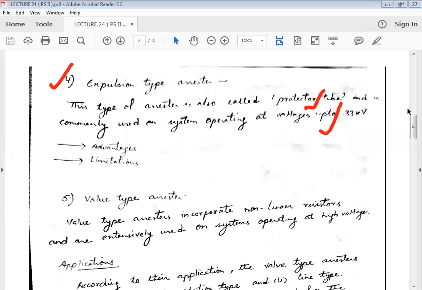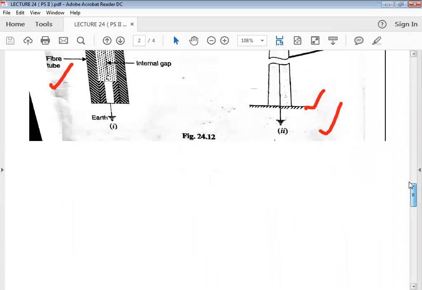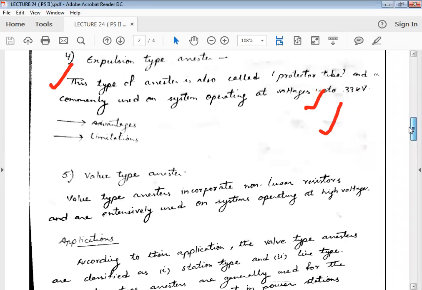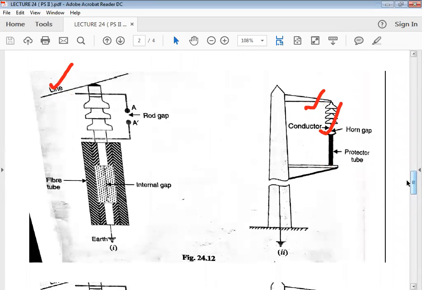Let us look at this diagram. The expulsion type arrestor is also used as a protector tube. By looking at this diagram, the concept and principle of operation are the same: one end to the line or the equipment, the other end to the earth. This is a backup protection used as a rod gap, and this is the protector tube or expulsion type arrestor.